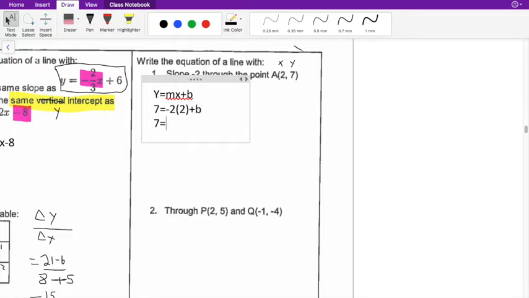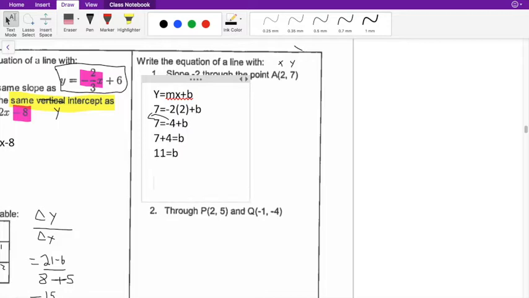So 7 equals -4 plus b. Now we have to move that over. If it's negative on one side, it's going to be positive on the other. So I get 7 plus 4 equals b. Therefore 11 equals b.